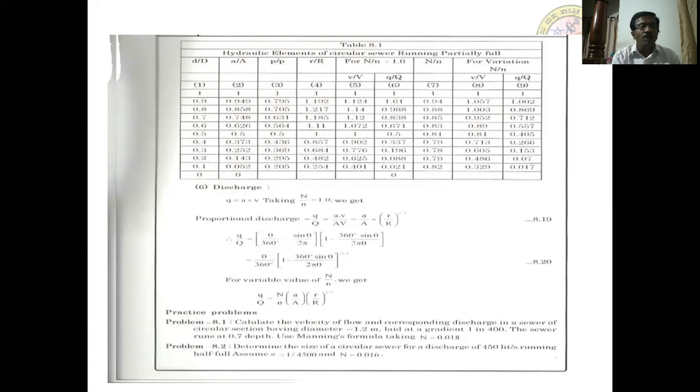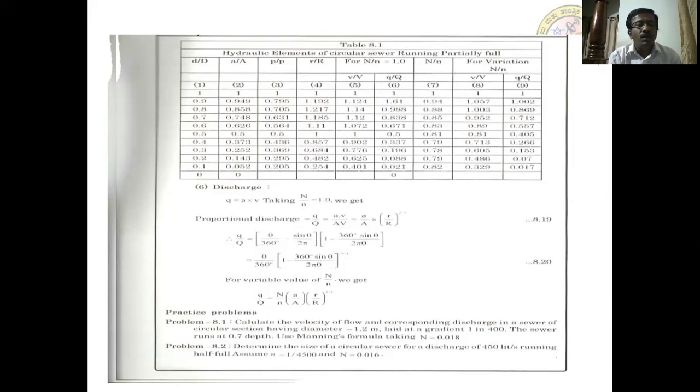What about the values of the hydraulic elements for different depths of flow, or different proportionate depths? When d by D equals 1, almost all the things are 1 only, whether you go for a by A, p by P, r by R, n by N, or for variable v by V, q by Q, everything is 1 only.